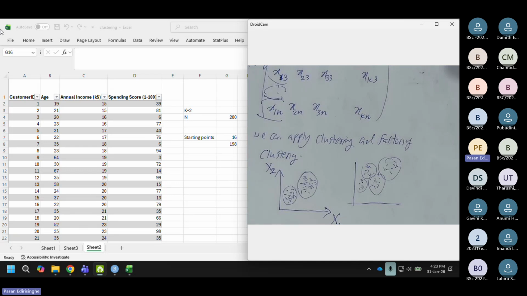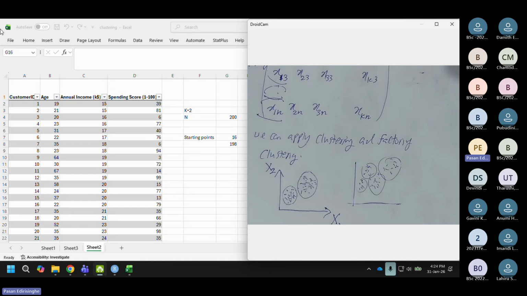If you have two variables we can visualize, and three we can somehow visualize, but more than that we cannot. So we are in trouble identifying the suitable number of clusters, like two or three or four. It's difficult to decide that number.